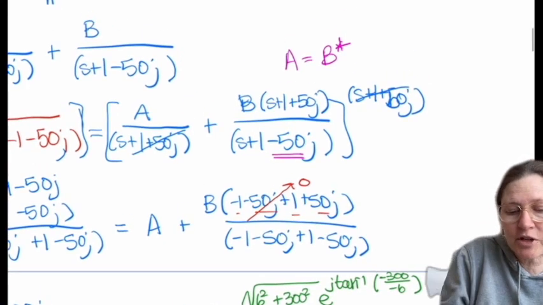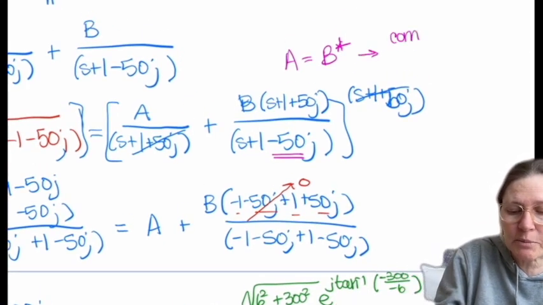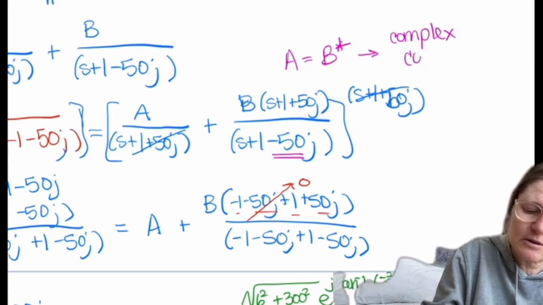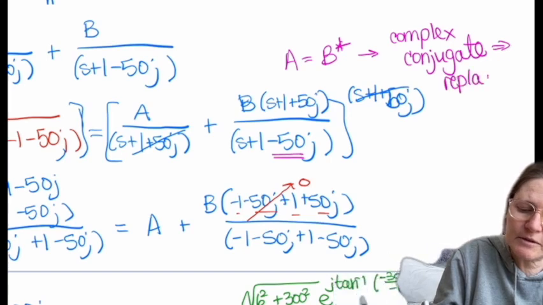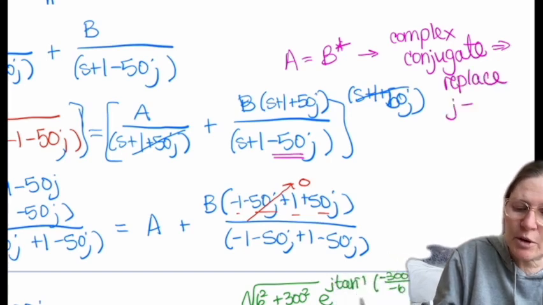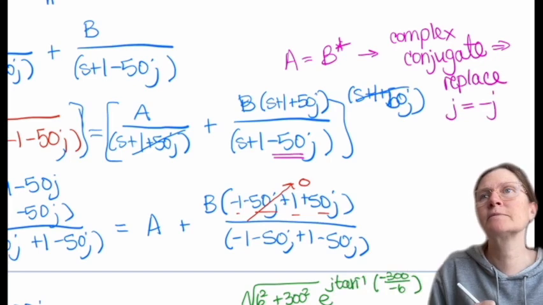So the complex conjugate just means that you replace everywhere there's a j with a minus j.